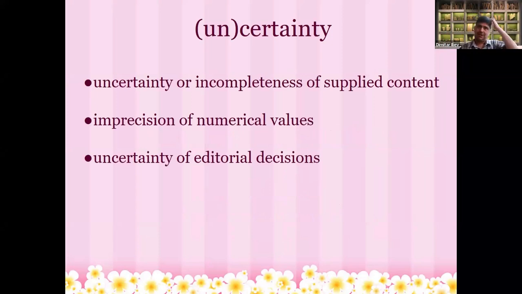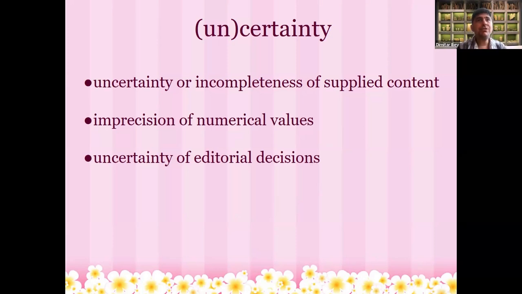Certainty or uncertainty deals with the uncertainty or incompleteness of supplied content. For example, if you have a supplied part of the text, as we saw yesterday, supplied reason lost, then the editor wants to supply text with some editorial text that the editor believes stood in the place of the lacuna, but they're not certain if this was the exact thing that had to be restored.